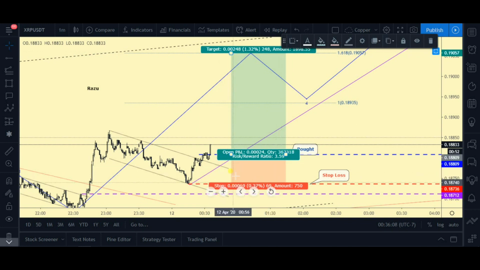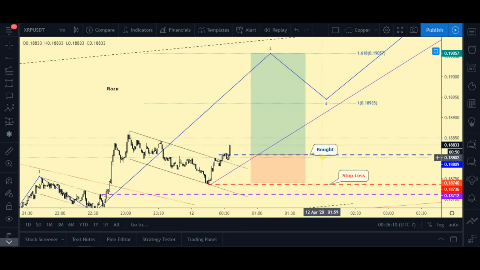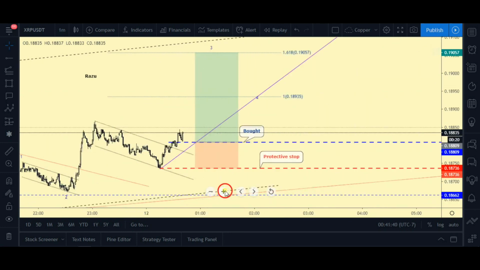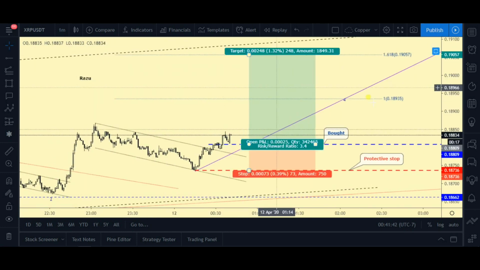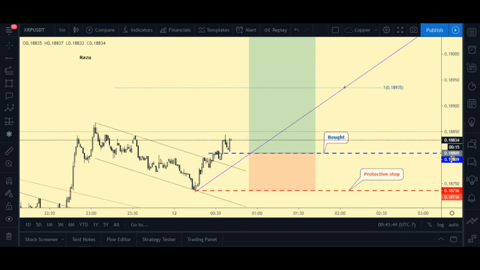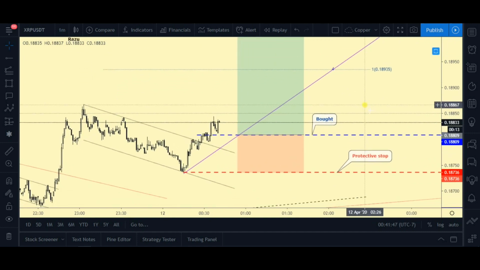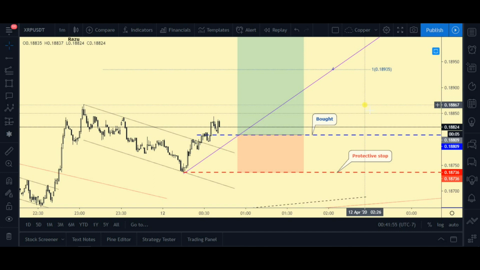Okay, so this is my strategy right here. This is just a demo for how to trade in any market, and how to make a strategy accordingly, and how to manage your risk while trading.